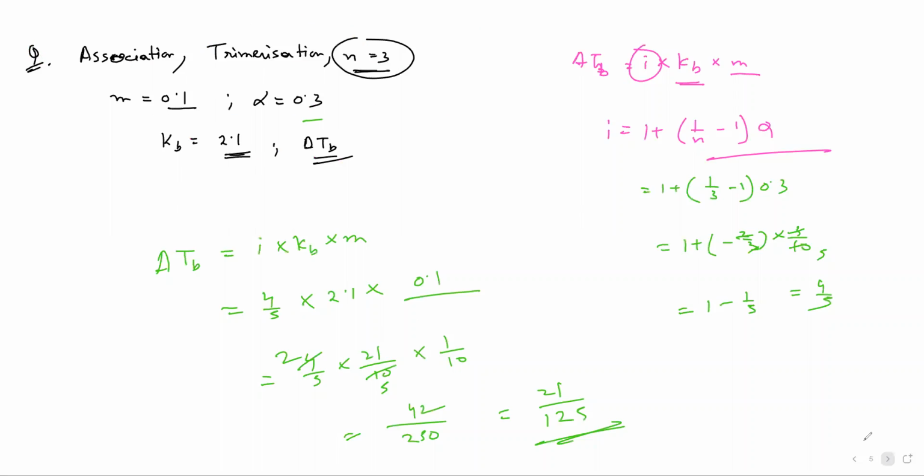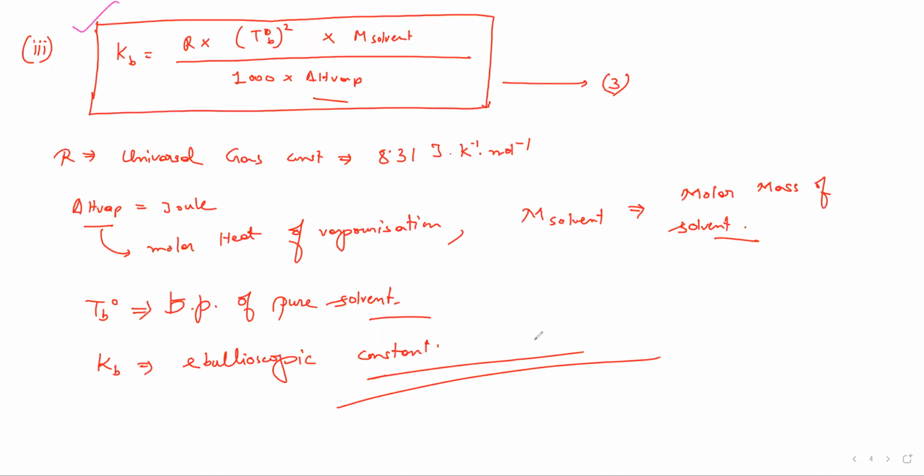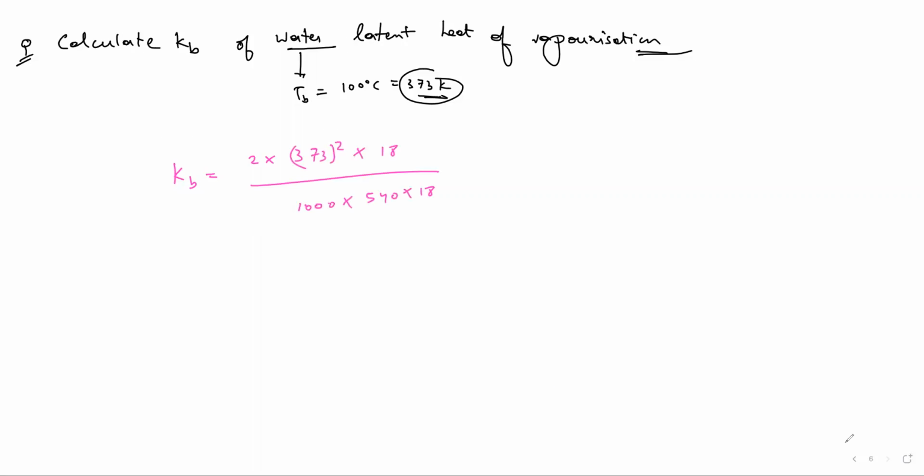Molar mass of solvent, 540 into 18. Why are you going to this one? In this case, 1000 del H vaporization is given as 540 kcal per mole. So del H vaporization is 540 kcal per gram.